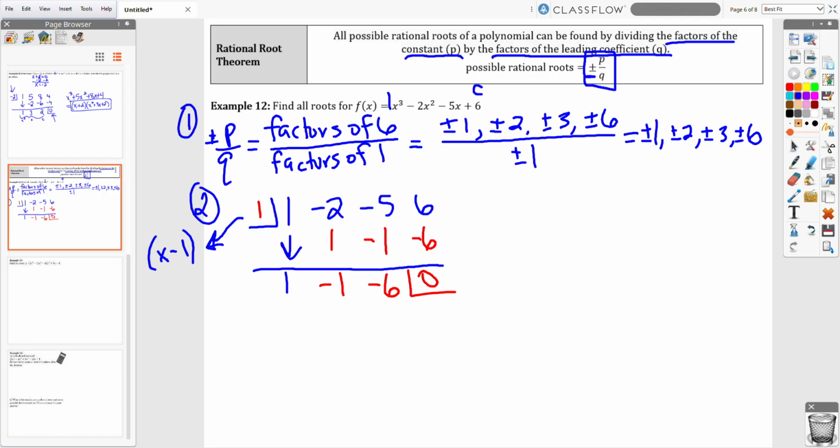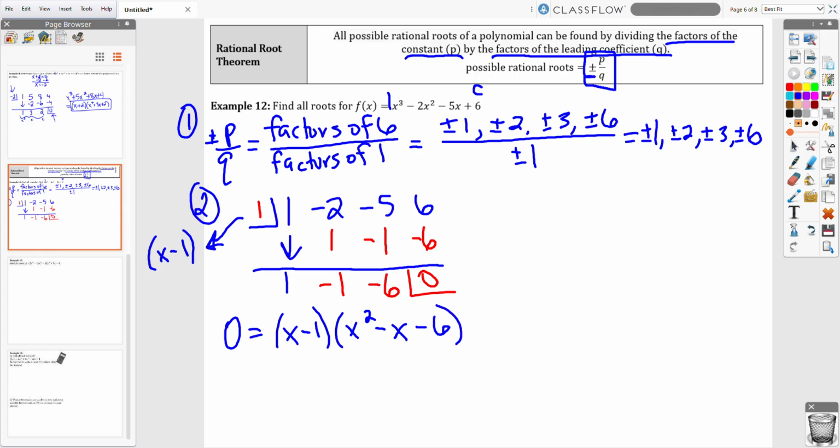So when we set x minus 1 equal to 0, we get that positive 1 as the solution. So this function, f of x, remember, we're finding the roots, so that's where your y or f of x is 0. So instead of writing out the polynomial, we'll write it as the divisor, x minus 1, times the quotient. And remember, the numbers at the bottom of your synthetic division are the coefficients of your quotient. So we have a positive 1x squared, we have a minus 1x, and then we have a minus 6.